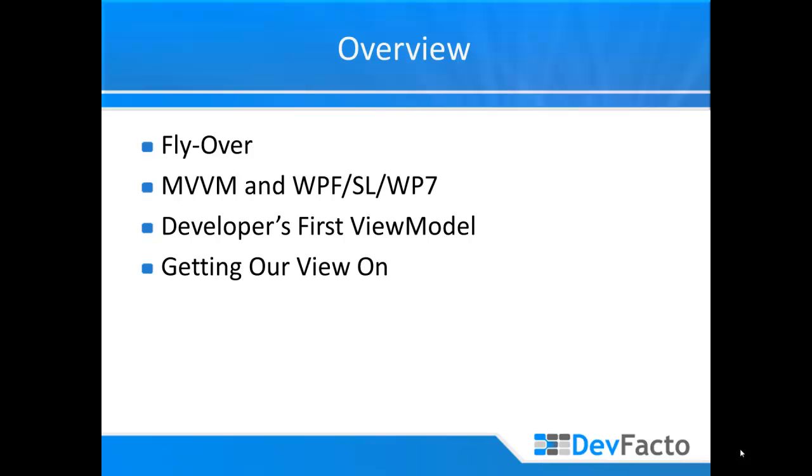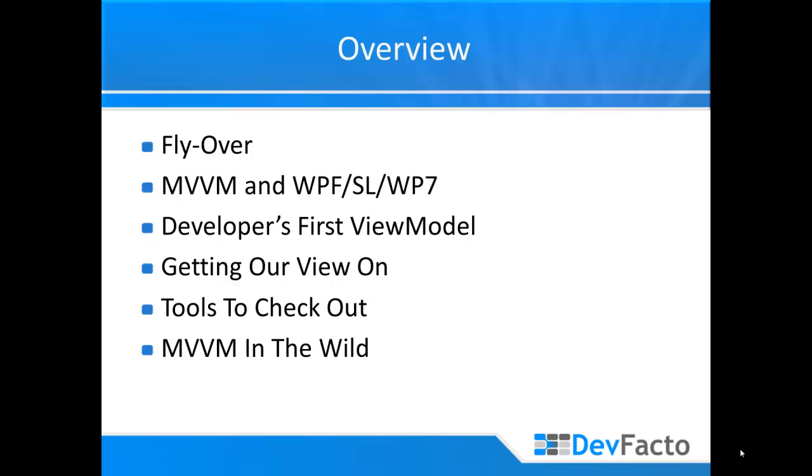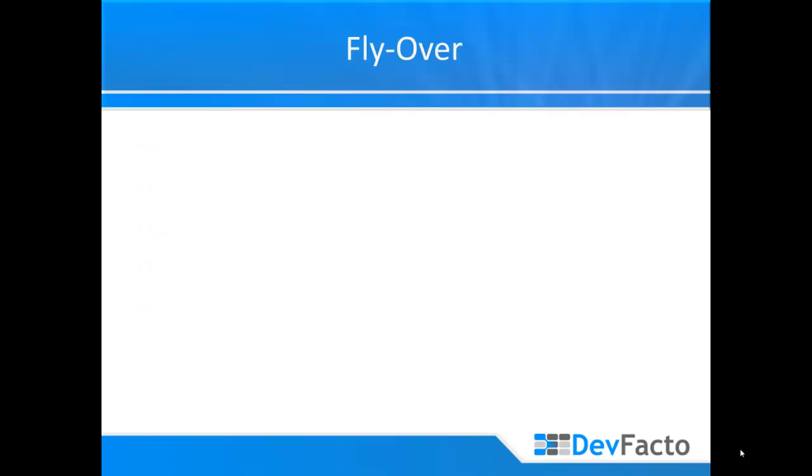Then we're going to get our view on, and that just means we're going to talk about the view, and then we're going to go through a demo after that. Once that's done, I'll give you some tools that you can check out when you want to scale your application out and make things easier on yourself, as well as some examples of MVVM in other places, other technologies, other stacks, etc. Okay, so let's just get started.